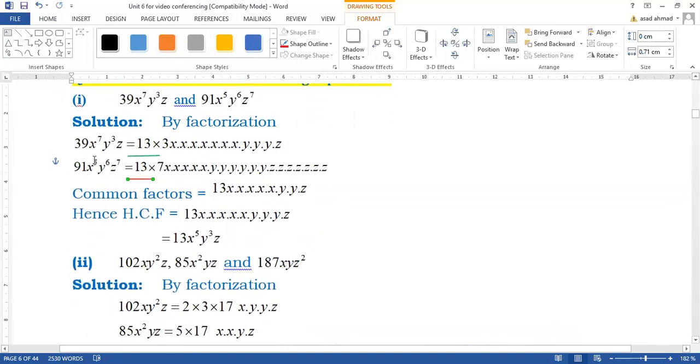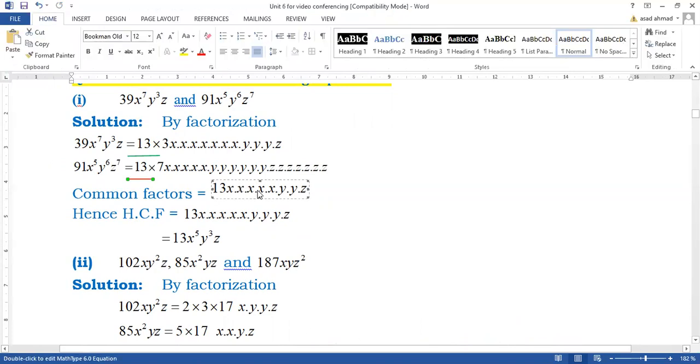13 will be taken as common, and then you have to see what is the least power of x. This is x to power 5, this is x to power 7. So x to power 5 will be taken as common, the least power. Similarly, y to power 6 and y to power 3, you have to take y to power 3 as the least power of y.